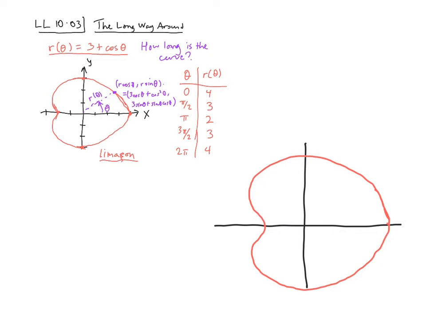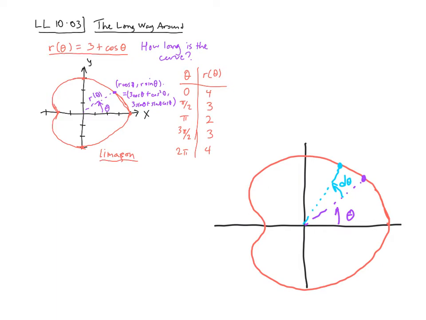Anyway, so let's suppose I'm at some point here. That point corresponds to an angle of theta. Now, suppose I change theta by a little bit. So I create here a new ray by changing theta by some tiny angle d theta.